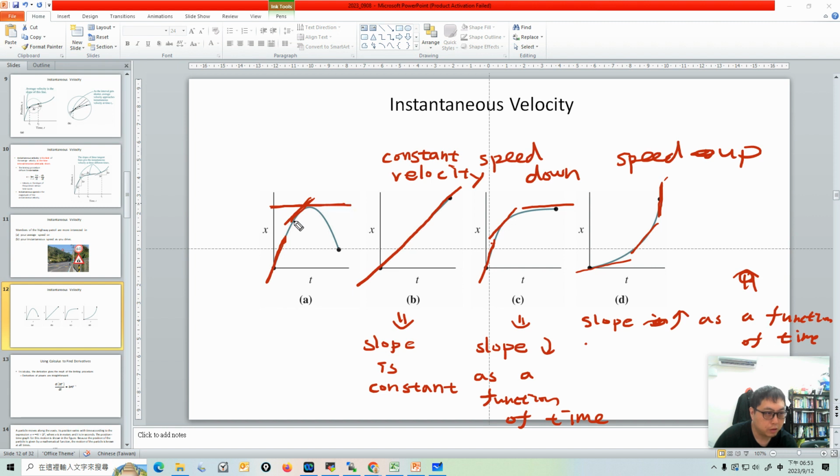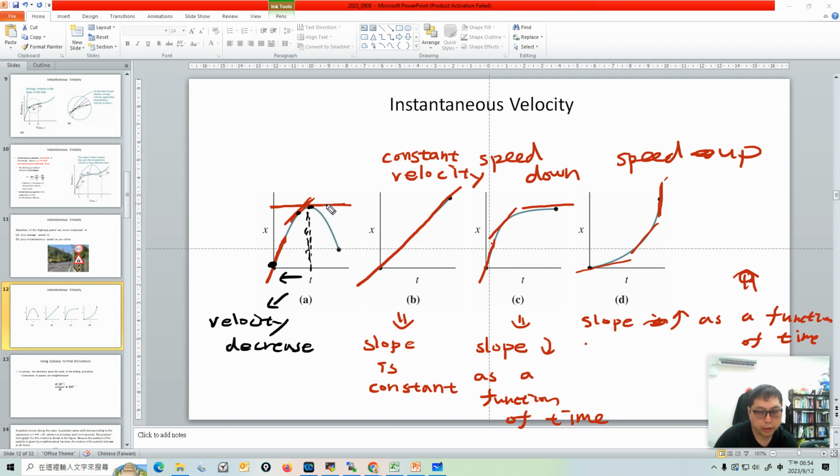Let's make a little marker at this point and this point. You see the slope is getting decreased. So on the left hand side of the dashed line, velocity decreases.